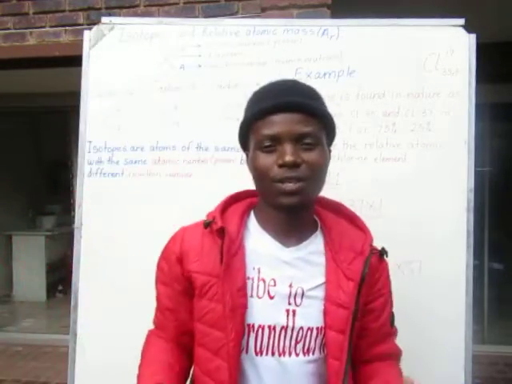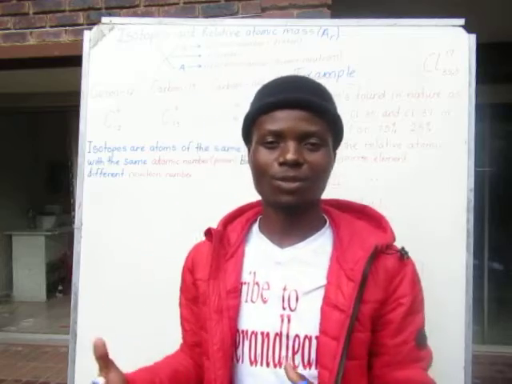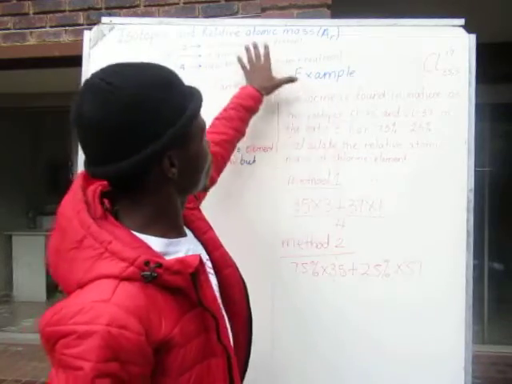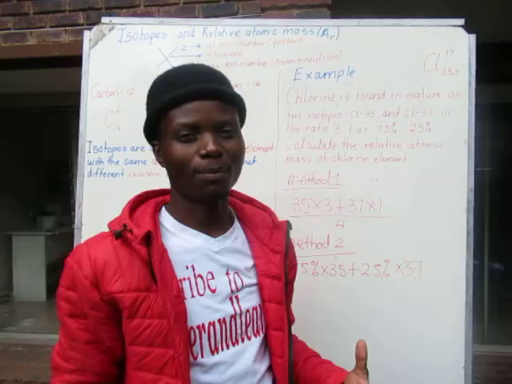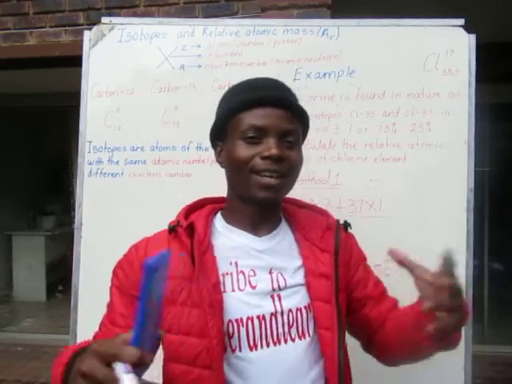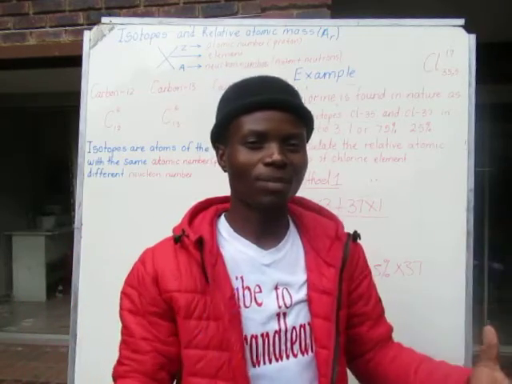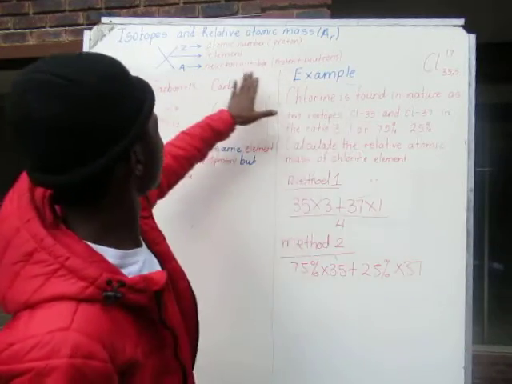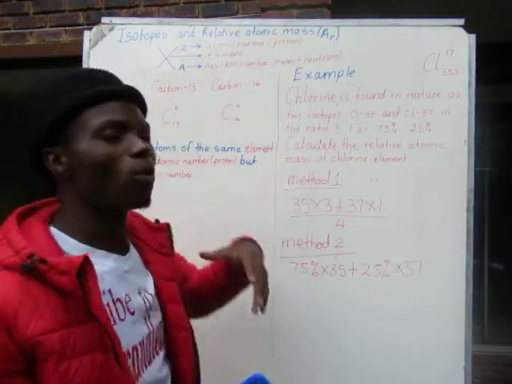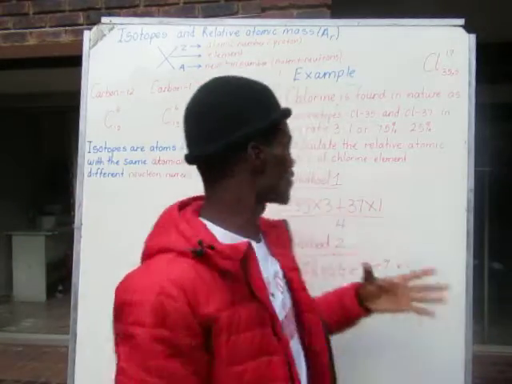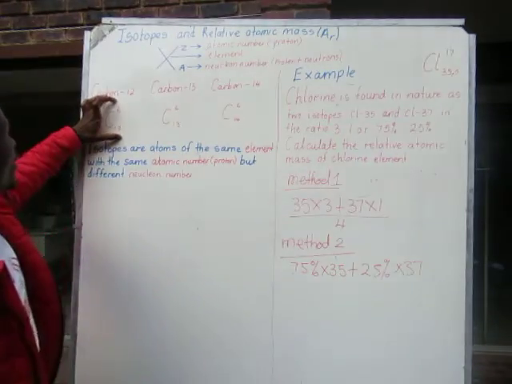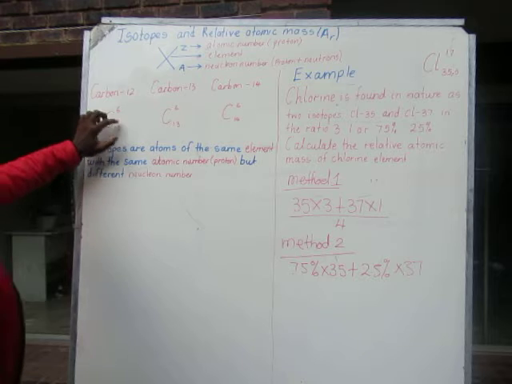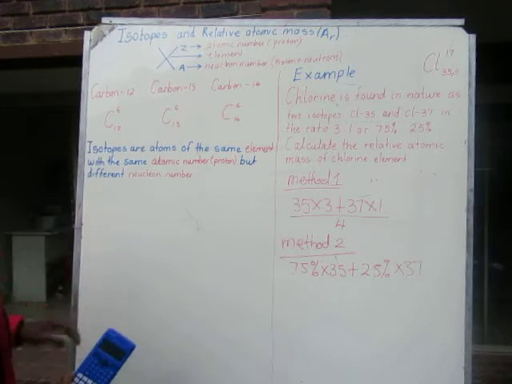So that was the video about the calculation of isotopes, the relative atomic mass that we see on the periodic table. So we realize that in nature we have same atoms, but that have different masses because of their nucleons. They might have more nucleons than the other. That means if we are to look at this one, carbon 12, that means it has 6 protons.